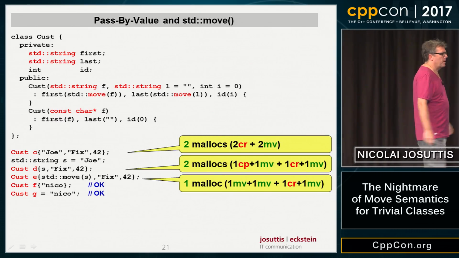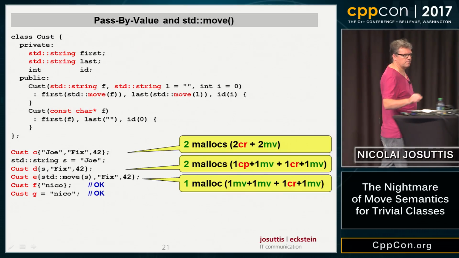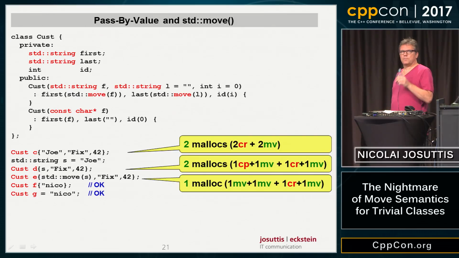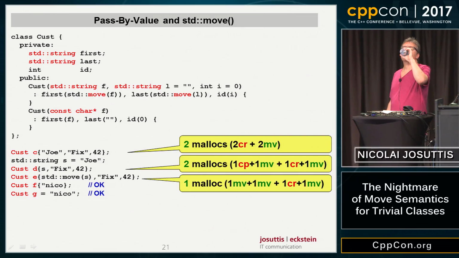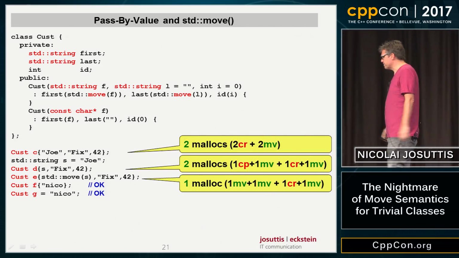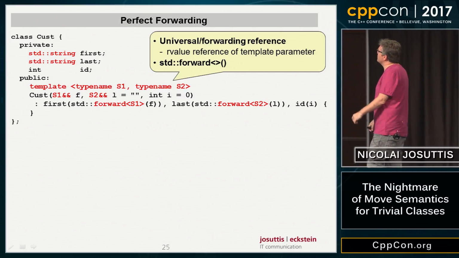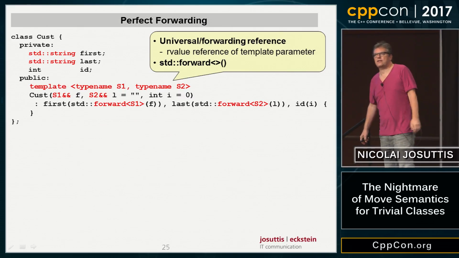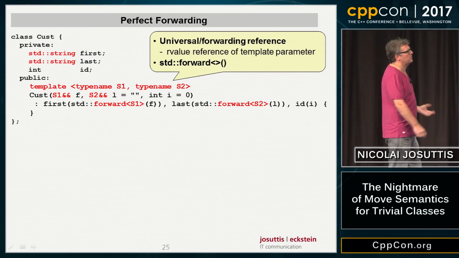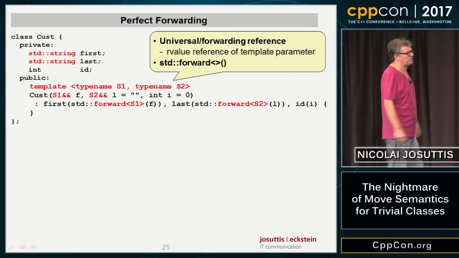But, of course, we have something else in the standard, which is called perfect forwarding. So we have an alternative approach, which is, let's pass the elements as a universal reference, or as it is called now in the standard, a forwarding reference, which is an R-value reference of a template parameter, and use forward.